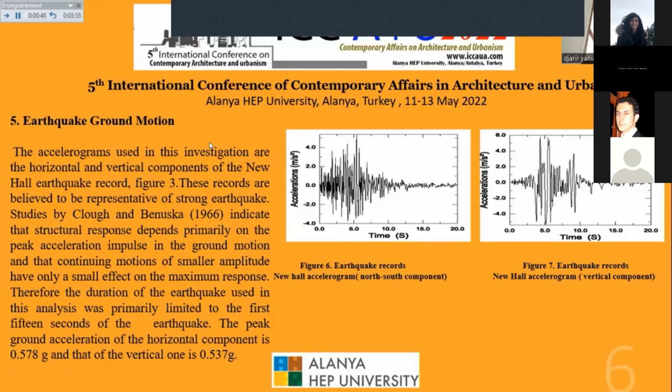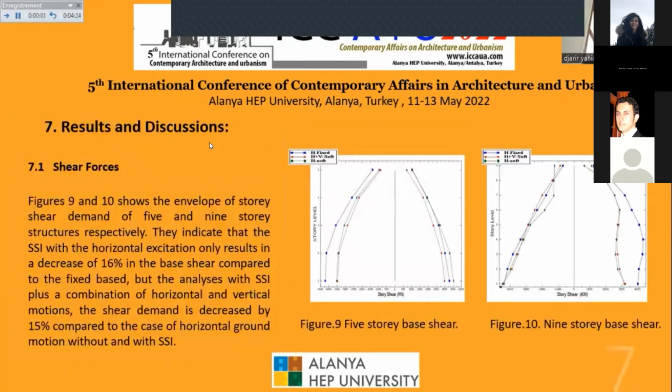Therefore, the duration of the earthquake used in this analysis was primarily limited to the first 15 seconds of the earthquake. The peak ground acceleration of the horizontal component is 0.578 g, and that of the vertical one is 0.537 g.